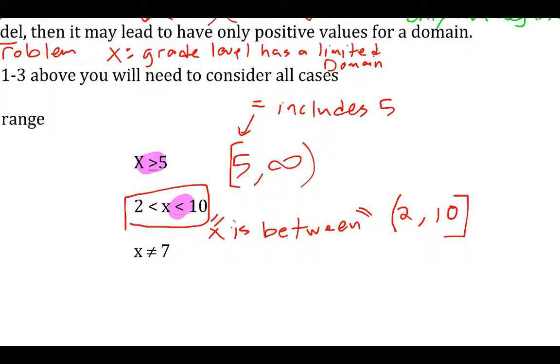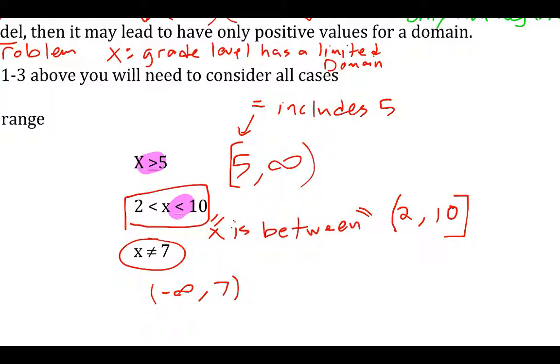The last one, x not equal to 7, means everything but 7. So x can't be 7, it can be anything else. So if you can write an interval like this, this is a fun one. I can write negative infinity to 7, and then I don't include 7 because I can go right up to 7, right?